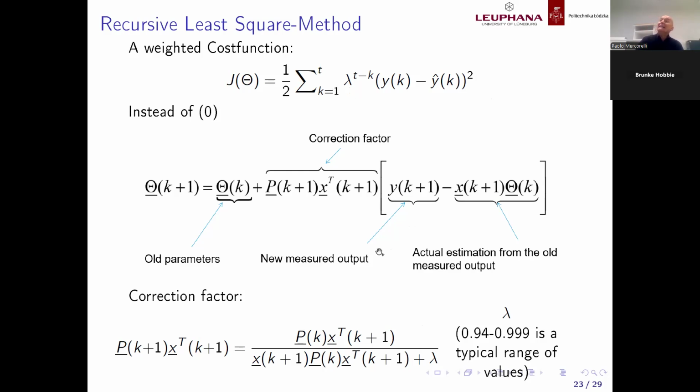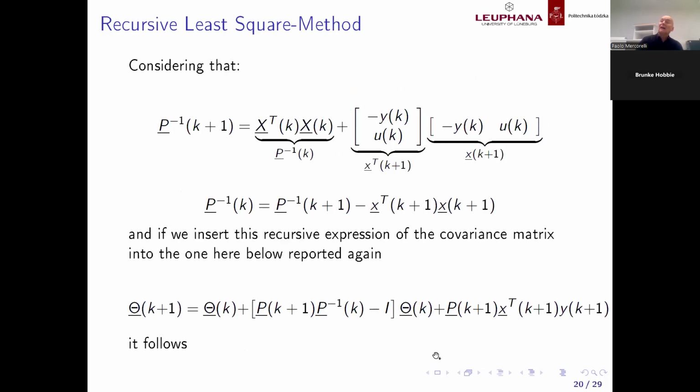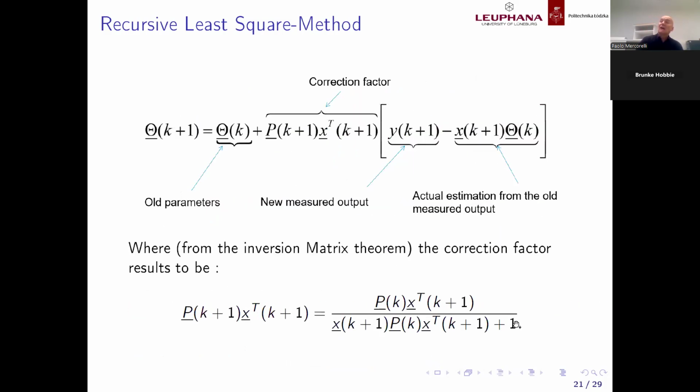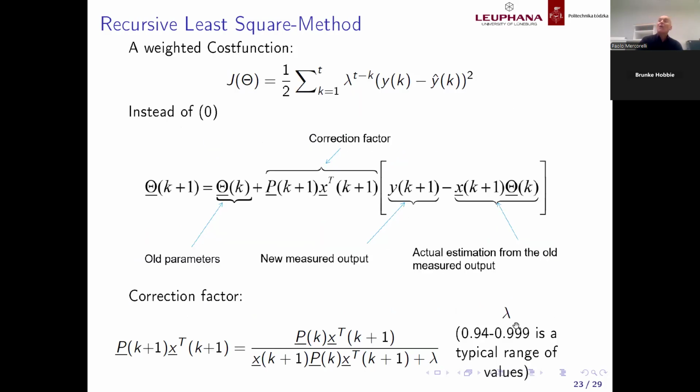Also until now, if you look here, we have 1. Now there is a variation where we consider a weighted least square function, in order to do another kind of optimization.